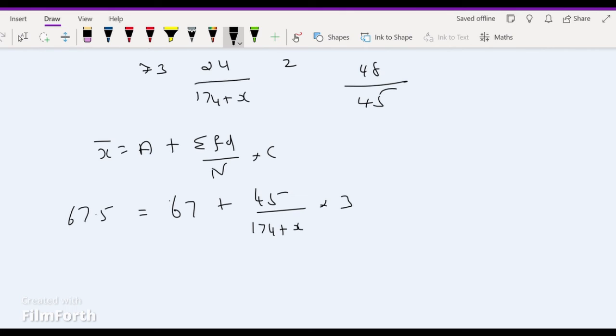So 67.5 minus 67, that is 0.5, is equal to 45 into 3, 135, by 174 plus x.